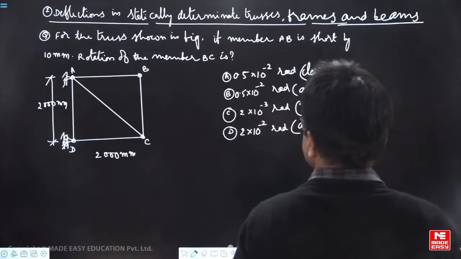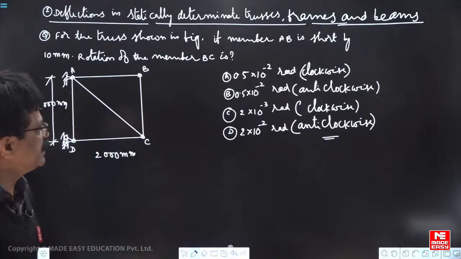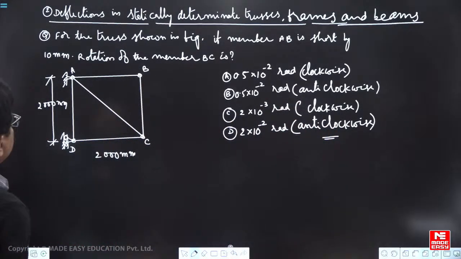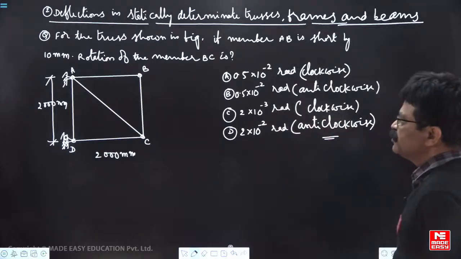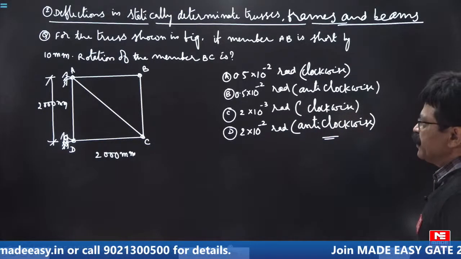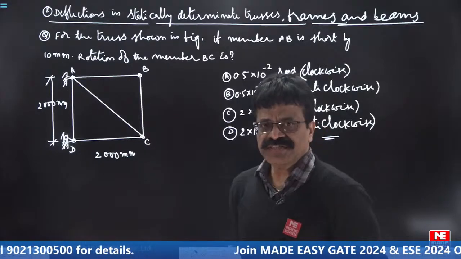Now let us see the second question. Deflections in statically determinate trusses, frames, beams, this is what we have studied. Now one question is, for the truss shown in figure, if member AB is short by 10 mm, what is the rotation of the member BC? Why is it short?